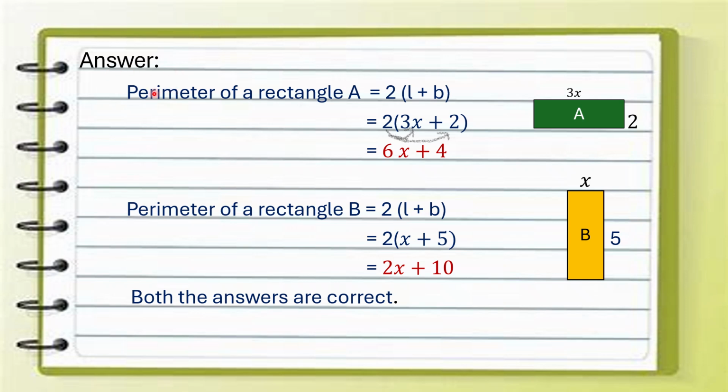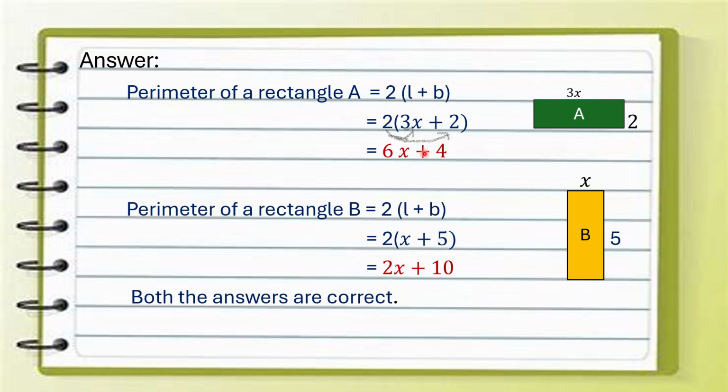Let's see the answer. Perimeter of a rectangle A. What is the perimeter of a rectangle A? That is 2 of L plus B. So what is our L? That is 3x. What is our B? That is 2. So what we have to do? We have to substitute the values of L and B. So 2 of 3x plus 2.